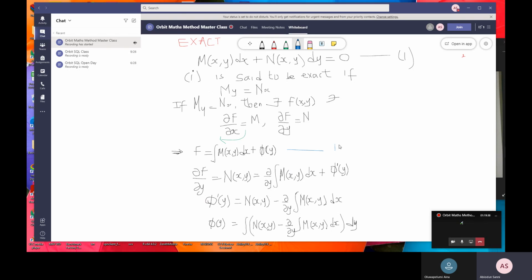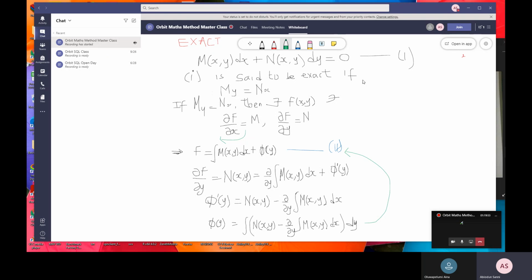Let me call this equation 2. So for my f, what do I need to get? I need phi of y, and I've gotten phi of y here. So my f will now have me substitute this here.